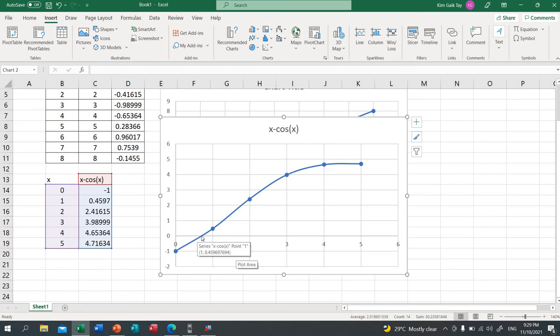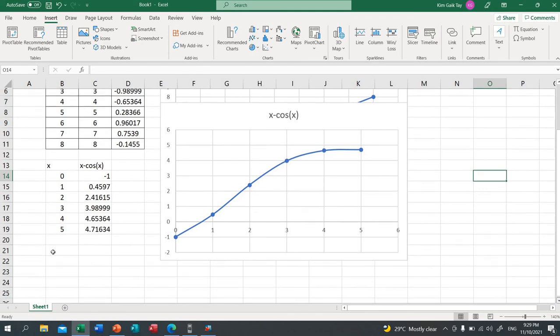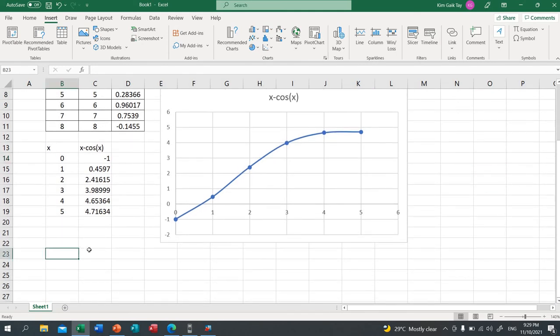Okay, how to get the root from Excel? Let's see. This is x. This is x minus cos x.